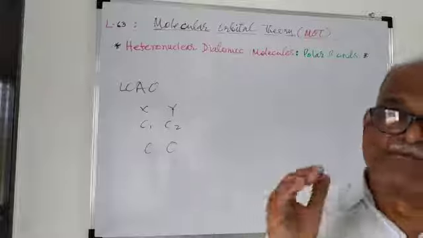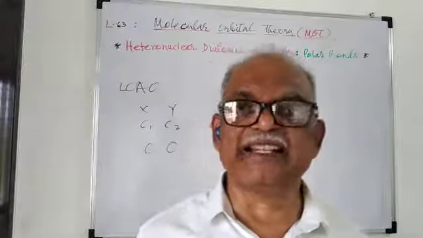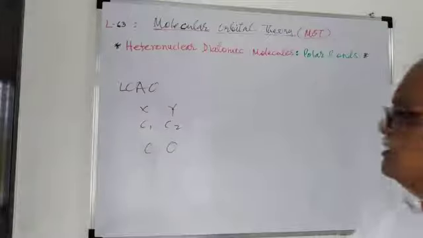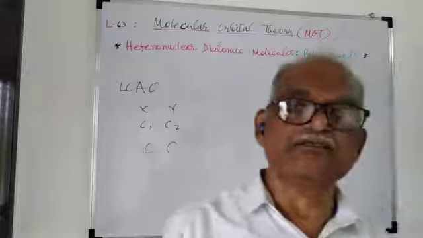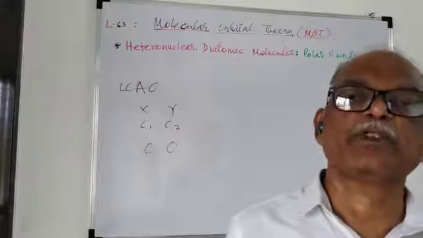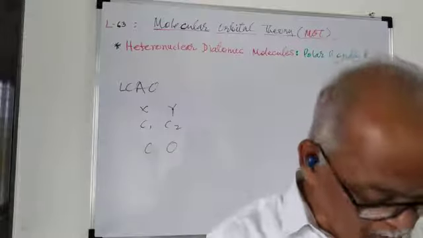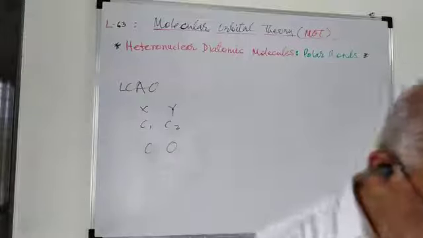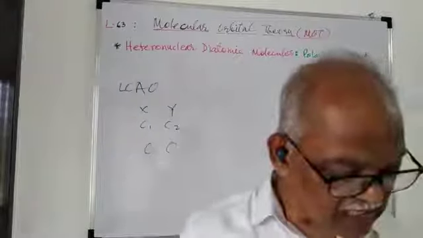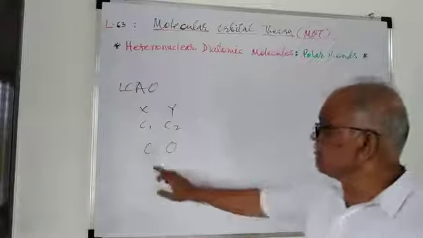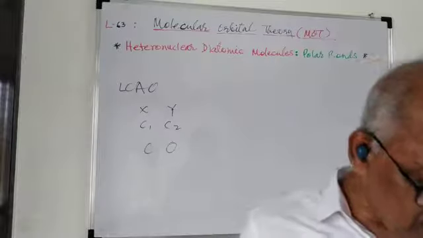So the magnitude of this contribution to the resulting molecular orbital depends upon the electronegativity values of the atoms whose atomic orbitals are participating in the linear combination to form molecular orbitals. The energies are also different because the distance from the nuclear charge is also different.